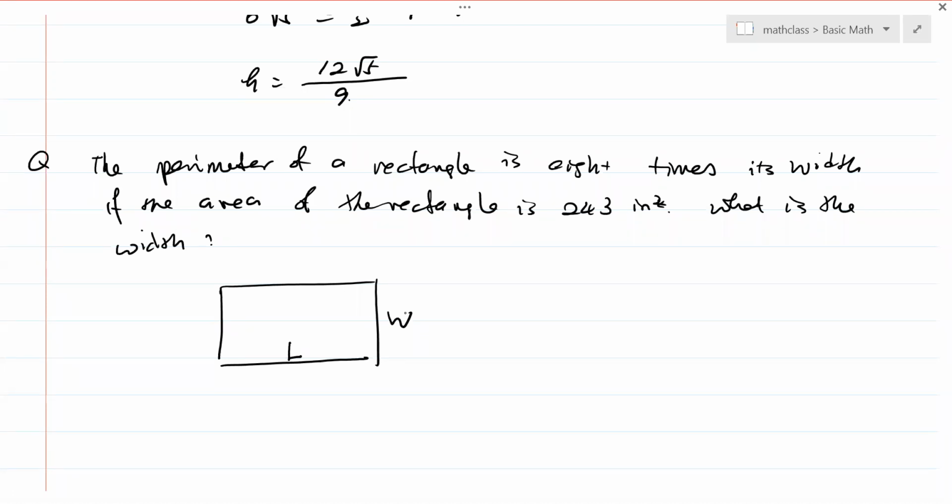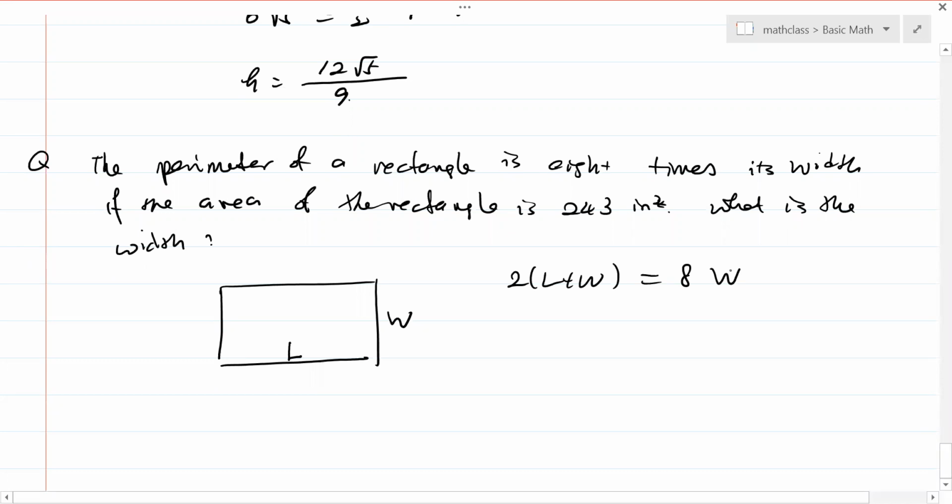Then you translate each sentence in the problem and the question. The perimeter of the rectangle is equal to 8 times the width. You write down one equation. The area of the rectangle, L times W, equals 243.